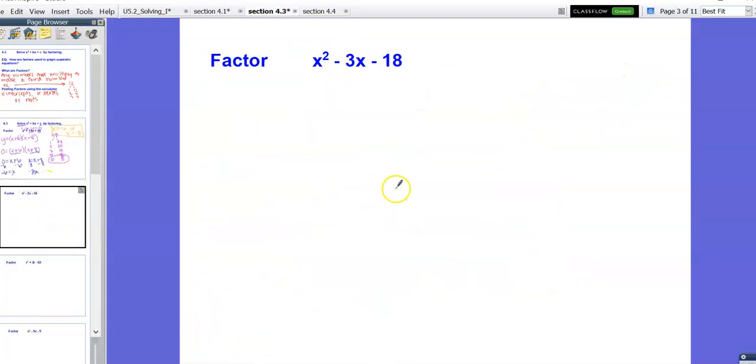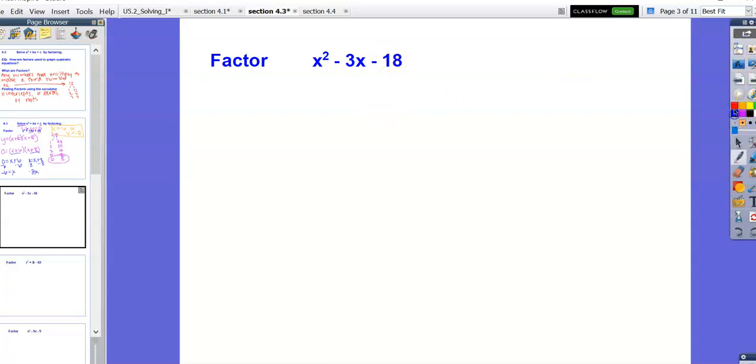For the next example, we're subtracting the back term. That means we're going to have one positive term that we're looking for and one negative. And because we're subtracting the middle term, the bigger number will take the negative sign. So for all the factor pairs we write out, the bigger number should have a negative sign with it.